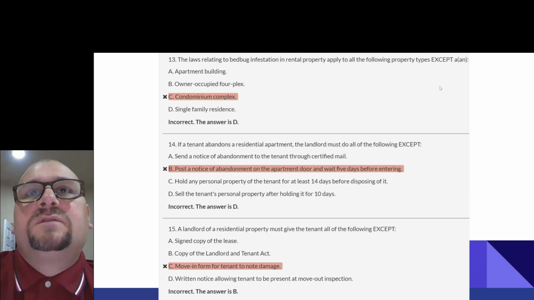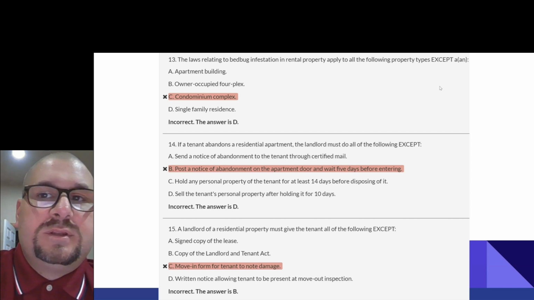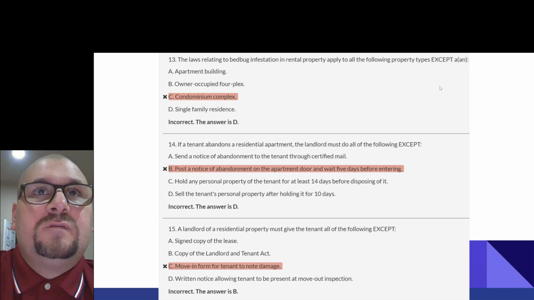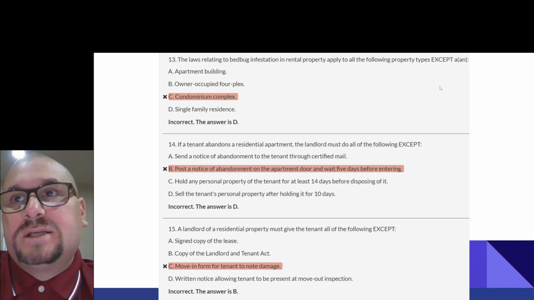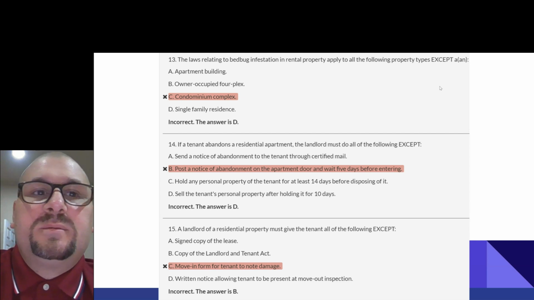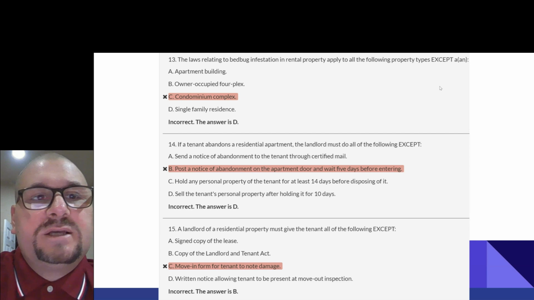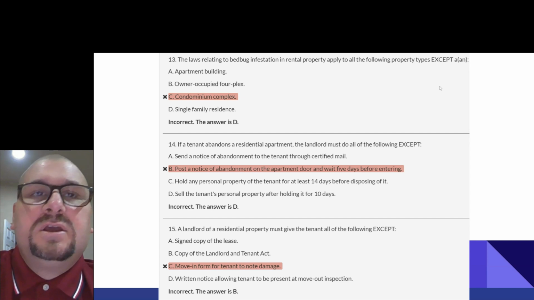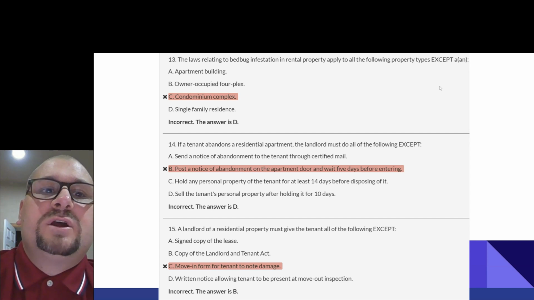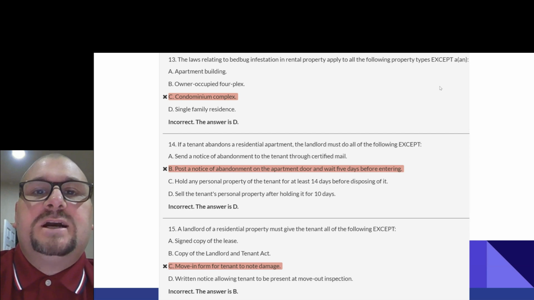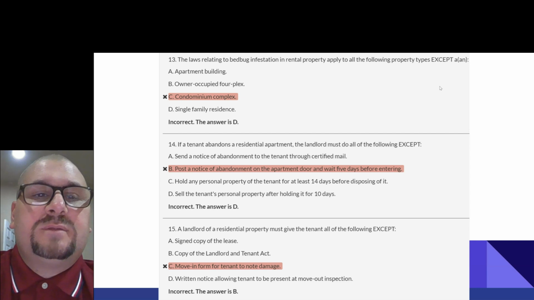No. It's mainly for apartment buildings. So an apartment building, yes. Owner occupied fourplex, right? A fourplex is still sort of an apartment building. Condo complex, yes. Condominium complex, owner occupied fourplex, apartment building, those are all within the same realm, but the bedbug infestation law does not apply to single family residences.